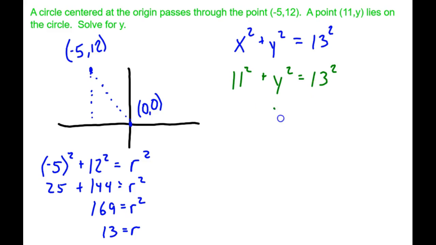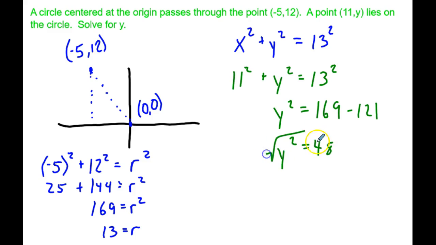So we would get y squared equal to 13 squared, which is 169, minus 11 squared, which is 121, leaving us with y squared equal to 169 minus 121, which is not 100, it would just be 48.